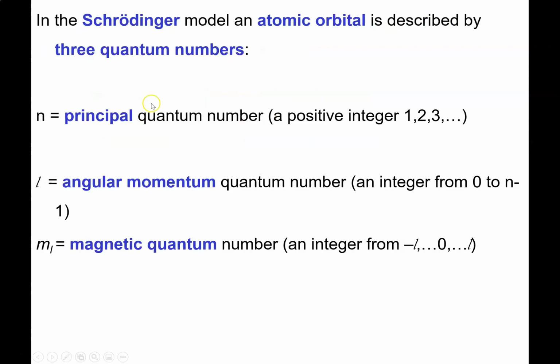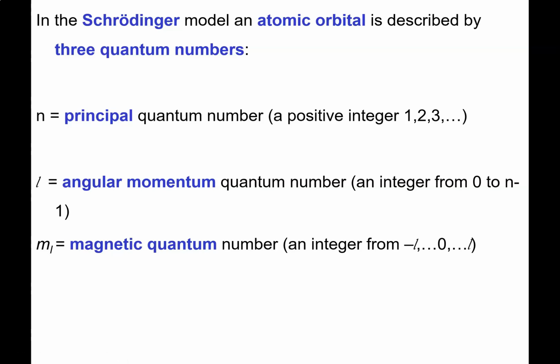So we have three of them. The first is what's referred to as the principal quantum number. It's always a positive integer, so 1, 2, 3, 4, 5, 6, or 7. L is what's referred to as the angular momentum quantum number, and it's an integer that ranges from 0 up to n-1. And ml is the magnetic quantum number, which is an integer that ranges from -L up to +L in increments of 1.